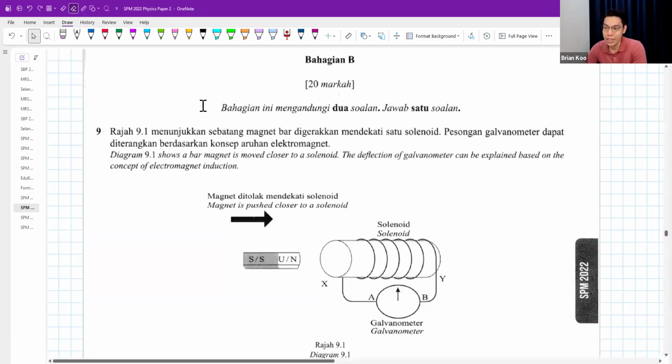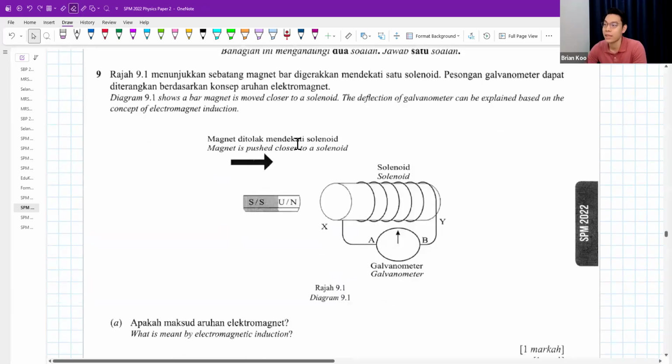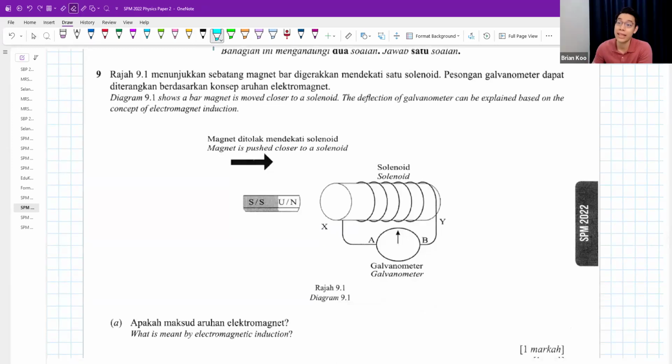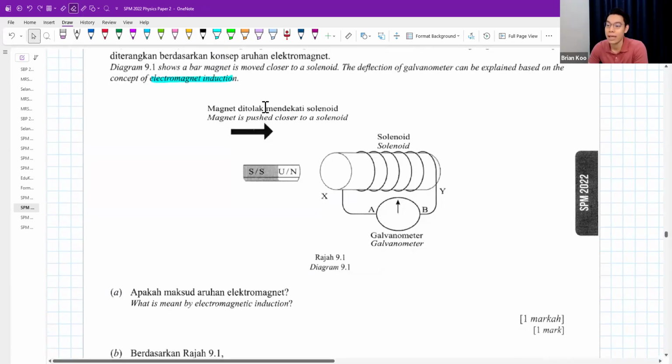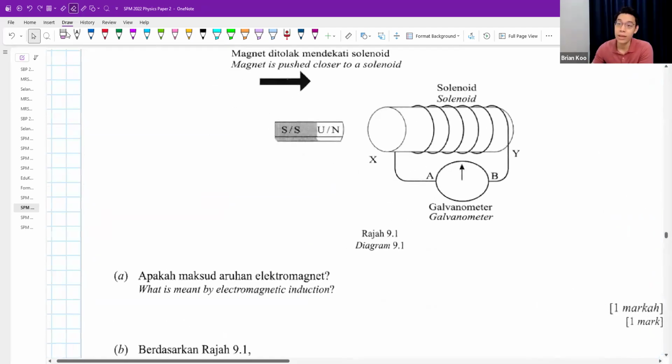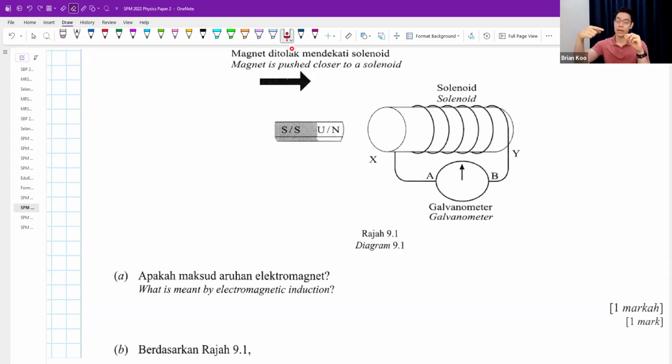Section B, you can just choose any one. Usually they will still mark both. The diagram shows a bar magnet moving closer to a solenoid. The deflection of the galvanometer can be explained based on the concept of electromagnetic induction. What is meant by electromagnetic induction? Electromagnetic induction is to produce an induced e.m.f. because there is relative motion between the magnet and the conductor.